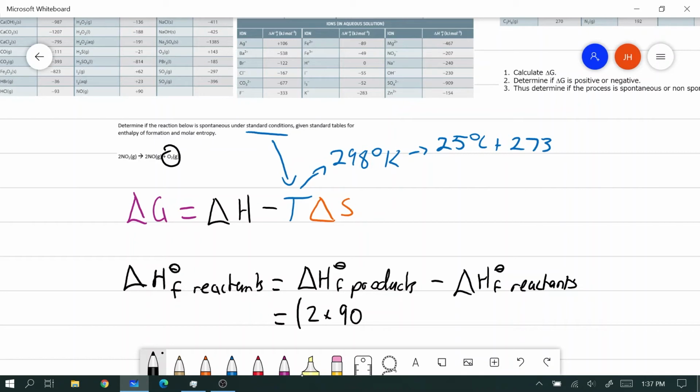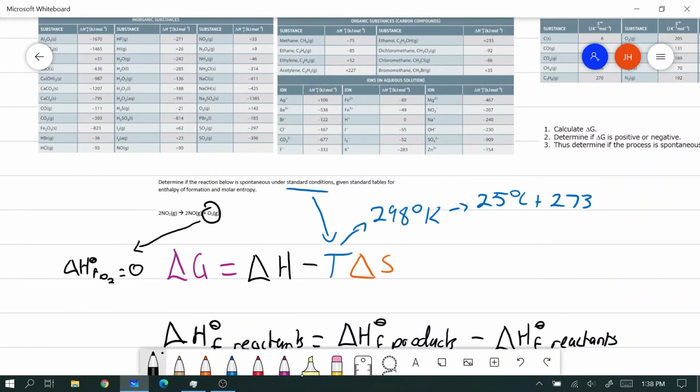So we always treat elemental oxygen as O2. And because there's no energy required to form one of those elemental components, its value is 0. So the enthalpy of formation for O2 is always going to be 0 because it's in its natural elemental state.